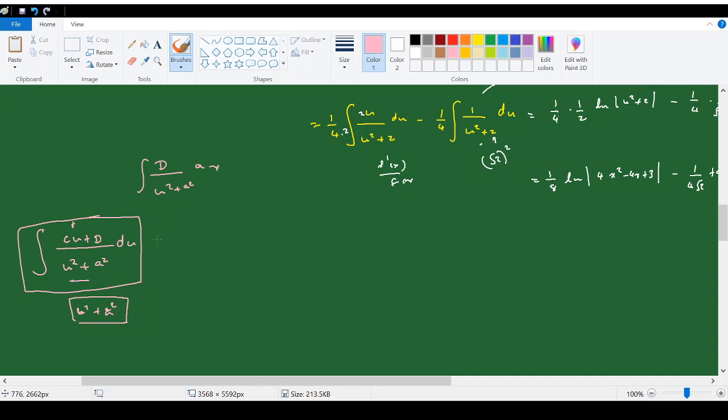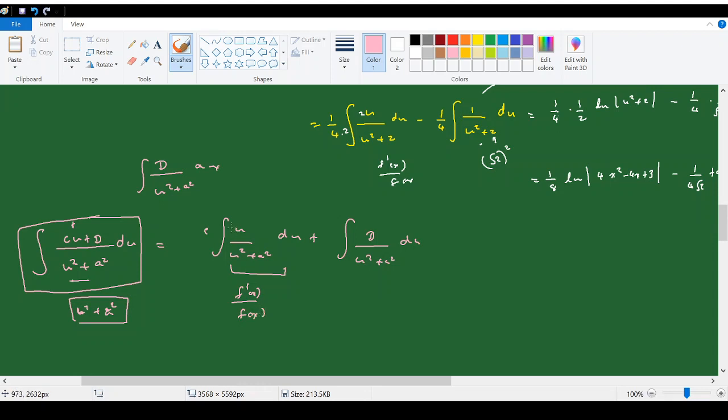If that is the case, what you can do is write it as u squared plus a squared, and du over u squared plus a squared, and for this one you can visualize it in this format.